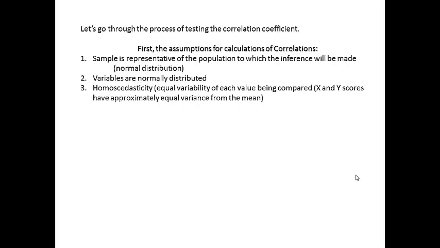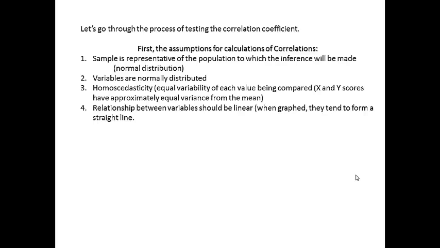In other words, our variables for x and y must have equal variances. We also want to have some idea that the variables that we're correlating are related somehow to each other in a reasonable way. We would not expect BMI and IQ to be correlated, but we might expect BMI and height to be correlated.